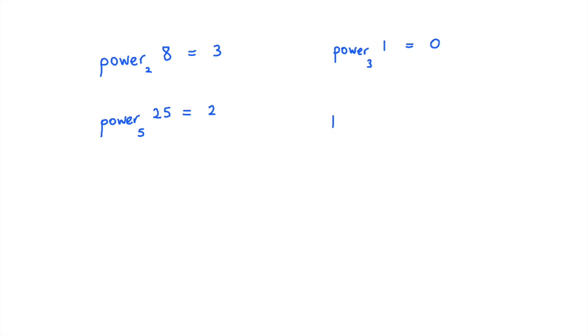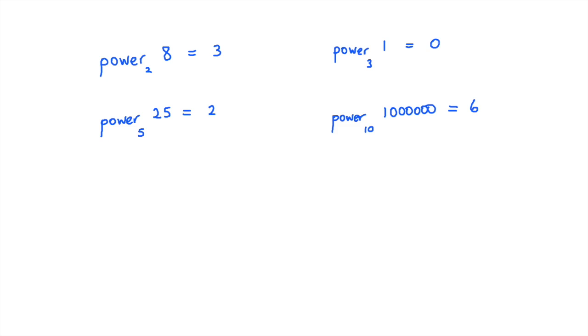And one more: what power do I put above the number 10 to get an answer of 1 million? Nice big number. Now, hopefully you know 10 times 10 times 10 times 10 times 10 times 10, I think I said 6 of them, equals 1,000,000. So 10 to the power of 6 equals 1,000,000.